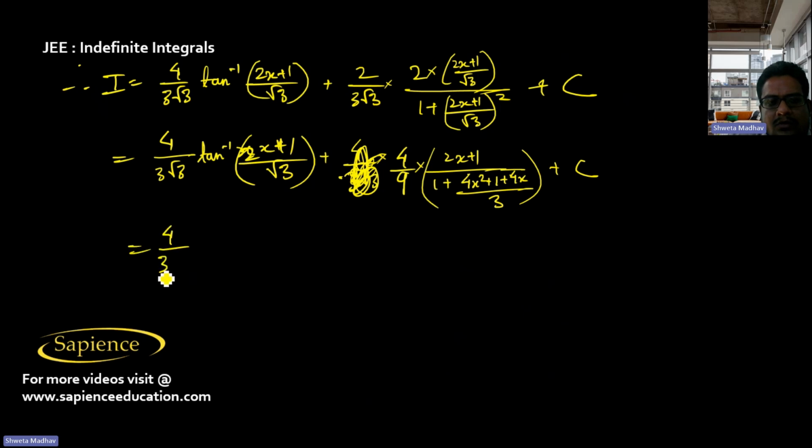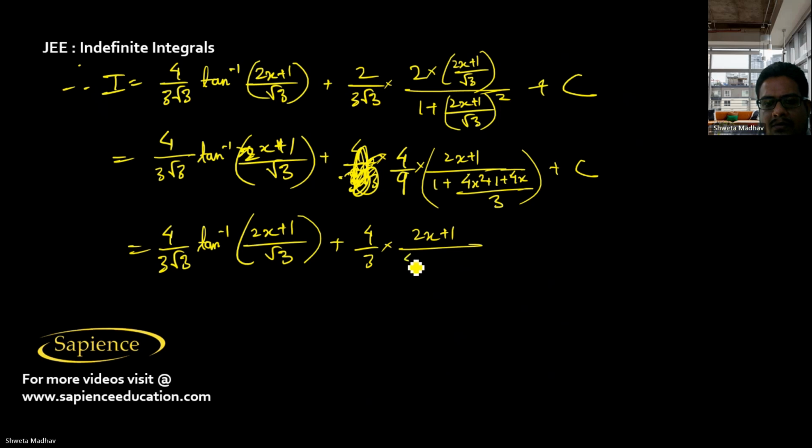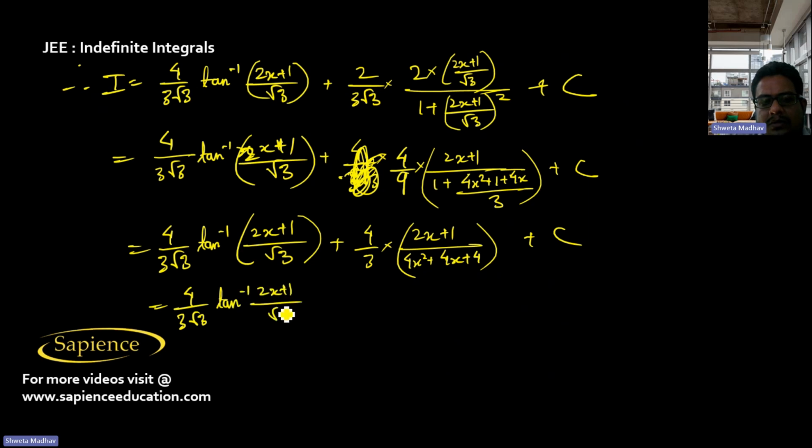So this will be 4 by 3 into 2x plus 1 by 4x square plus 4x plus 4. From here, 4 I can take it outside. So this will be equal to 4 by 3 root 3 tan inverse of 2x plus 1 by root 3 plus 1 by 3 into 2x plus 1 by x square plus x plus 1 plus c.